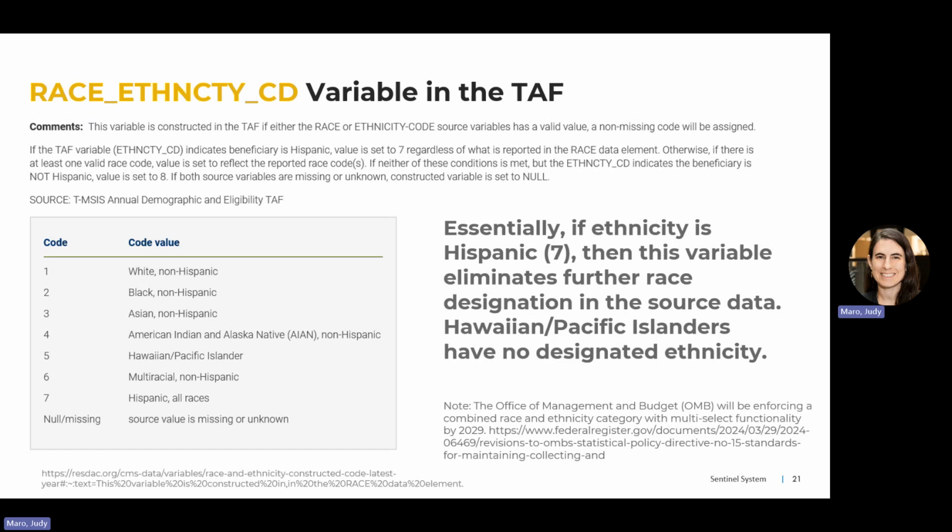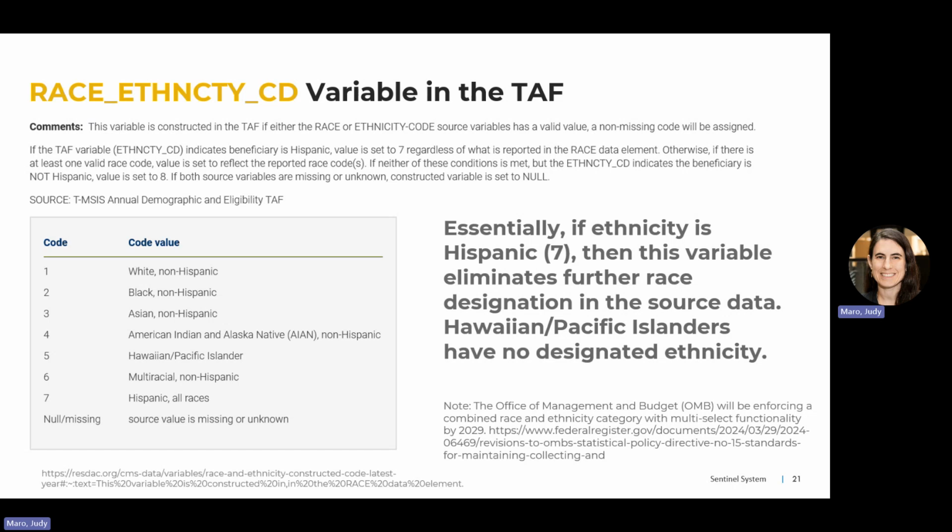And that has recently changed. Very recently, the Office of Management and Budget announced that they would be creating a combined race and ethnicity category with a multi-select functionality, to be implemented by 2029. But up until this point, race and ethnicity have largely been separated in many federal data sets. And this is an exception.